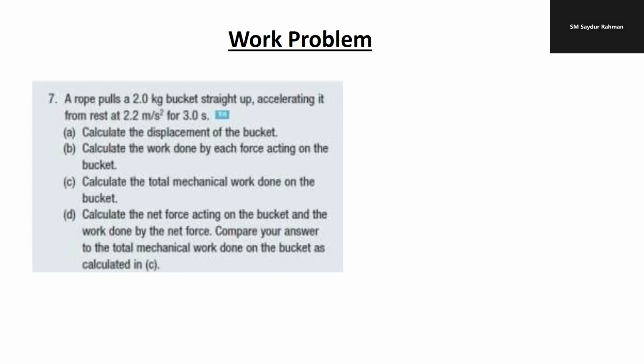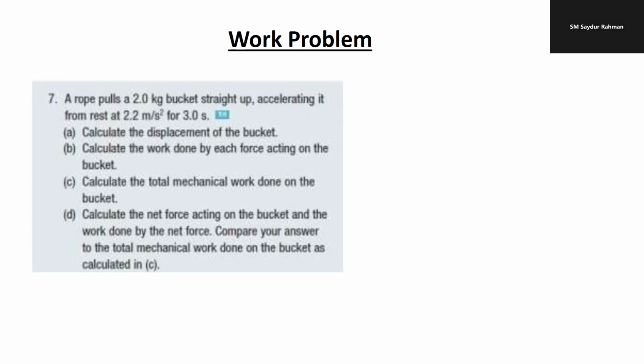Okay, so the first thing is that we have to draw the free body diagram. So here it is. This is the 2 kilogram bucket. And the rope pulls this one straight up, and acceleration is upward also, which means that the tension of the rope that the bucket is pulled by is actually larger than the force of gravity, which is downward.